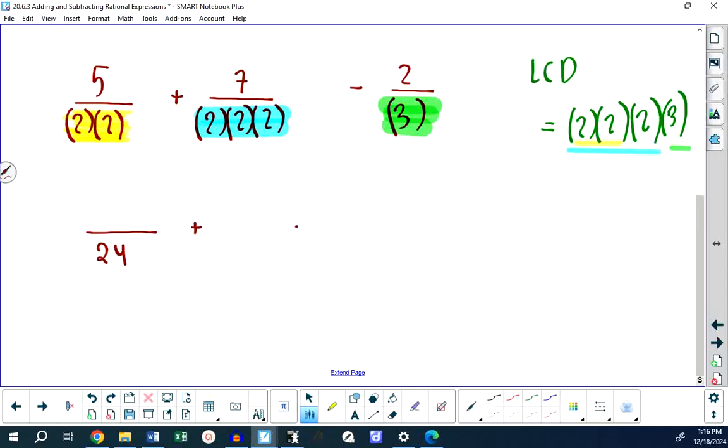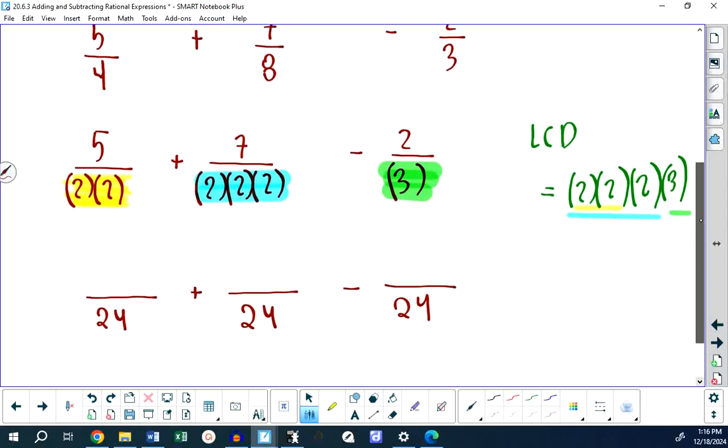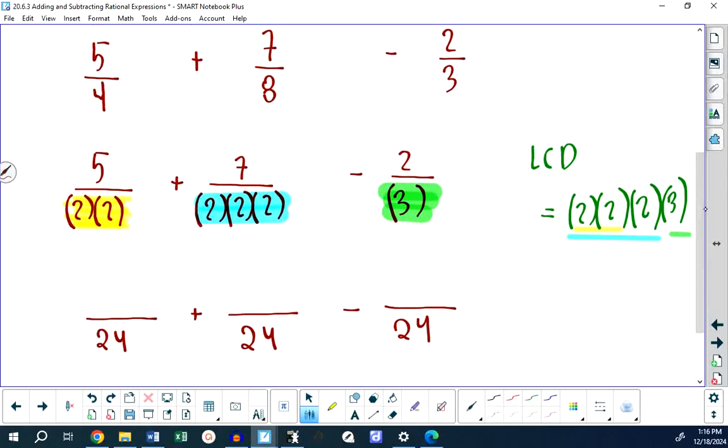We're going to put this over 24. We're going to put this over 24. And whether you're looking at the very top line here or the middle line that has some highlights in it, the bottom line is I need to multiply the top and the bottom of this by 6. And I'm multiplying top and bottom by that number because then I'm multiplying by 6 over 6, which is 1.